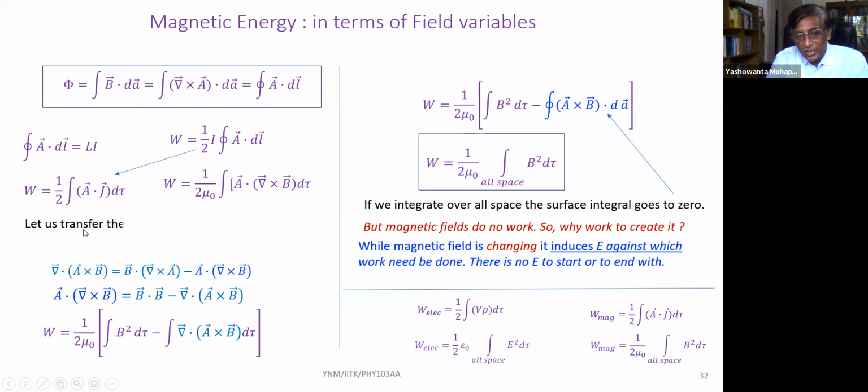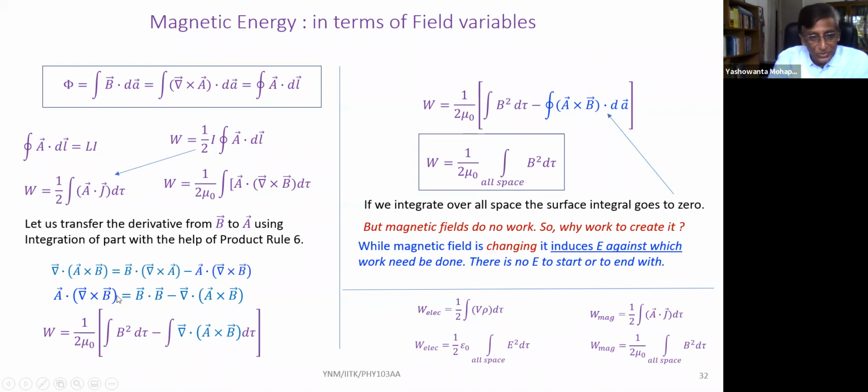All right. I had not written down here that we did this by transferring the derivative from B to A using integration by parts with the help of product rule 6. Remember the product rule number in your book is product rule 6, and that's this derivation.